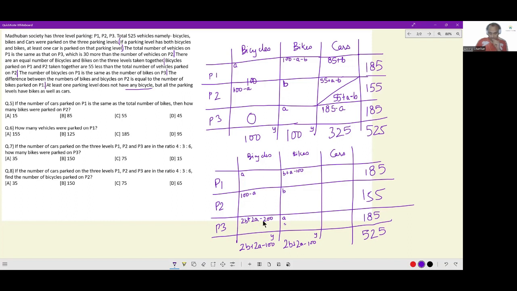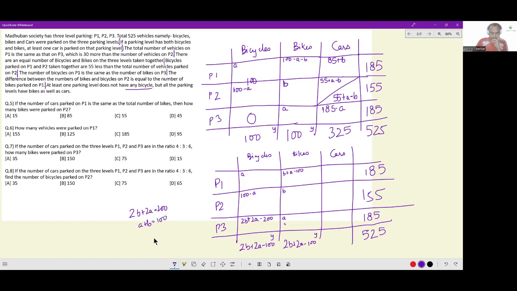If this is 0, a plus b will be how much? Let me see P3. If on P3 I get 0, 2b plus 2a minus 200 is equal to 0, so 2b plus 2a is 200, or a plus b is 100.